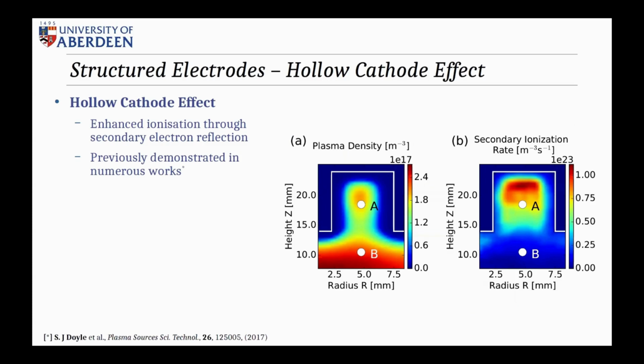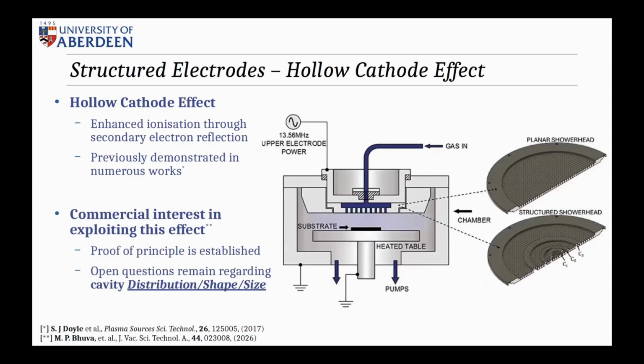This leads to an enhancement of the plasma density inside these hollow cathode structures, as alluded to in James's talk. Quite well known, a lot of work done on this. And in fact, I didn't set this up, but there's the same figure that James talked about earlier. So this is now actually being used and applied to industry. I promise we didn't set this up. This just happens to be how close things are.